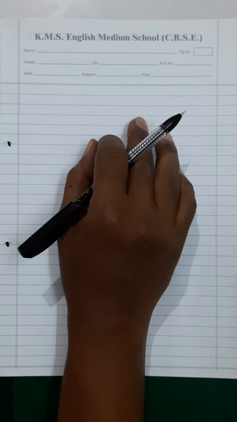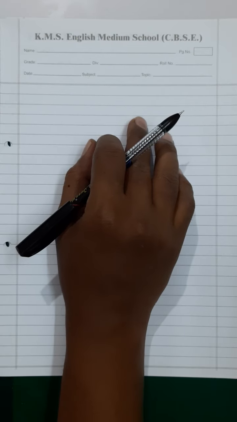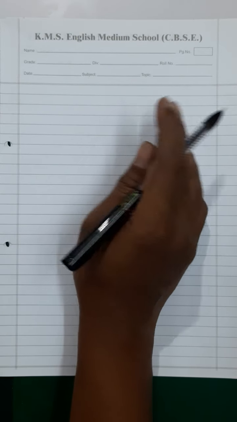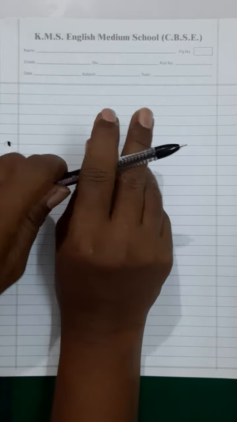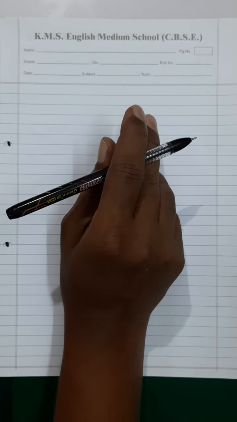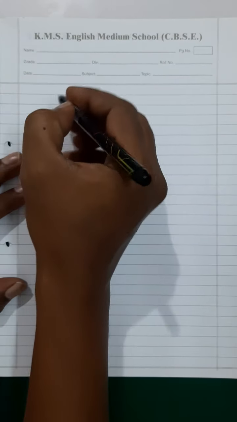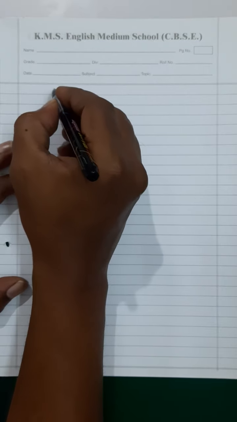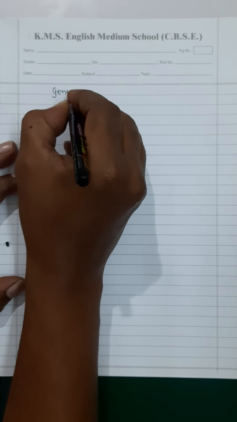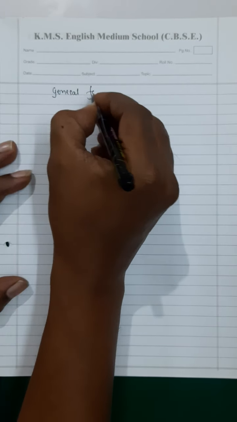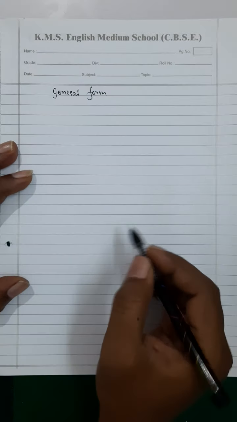Now here, my dear students, before we proceed further, one big thing is there. When we consider linear equations in two variables, the general form can be in two ways.